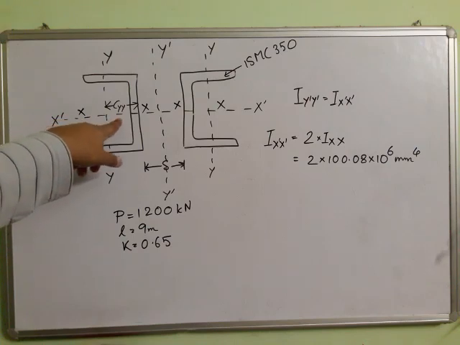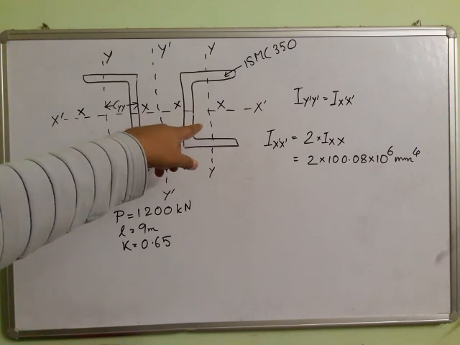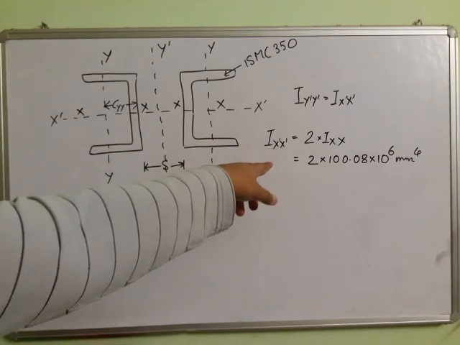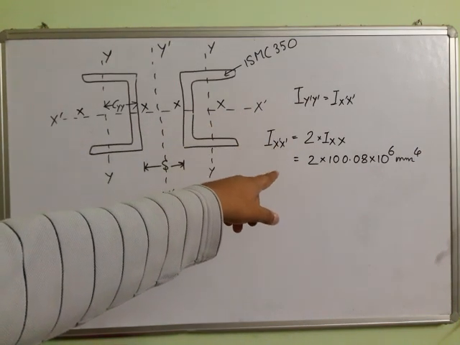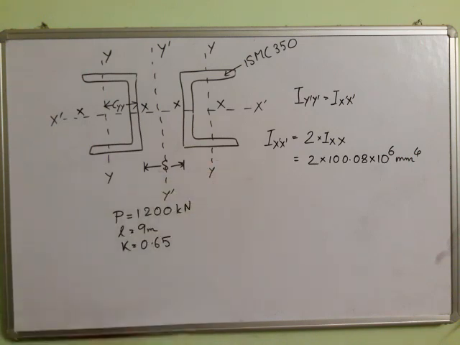So it will be Ixx here and Ixx here, so twice Ixx. So we put it like this, and ultimately we get the value of Ix'x'. So let us go to the Iy'y' now.